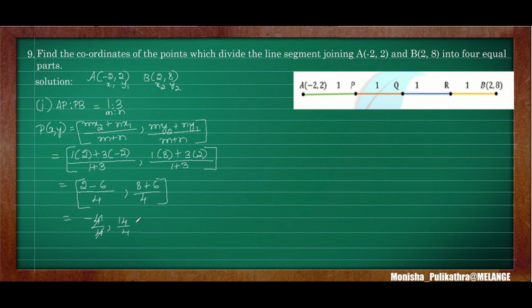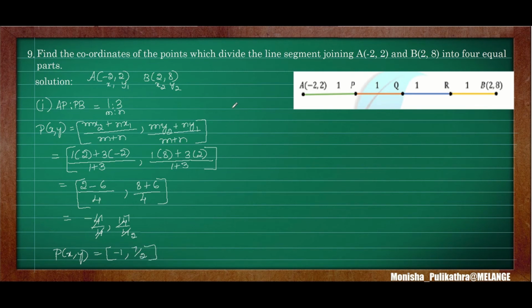So 4 ones are 4, and 2 sevens are 14. So the first coordinate P of xy for the ratio AP is to PB, that is 1:3 ratio, is minus 1 comma 7 by 2. So this is the first case.